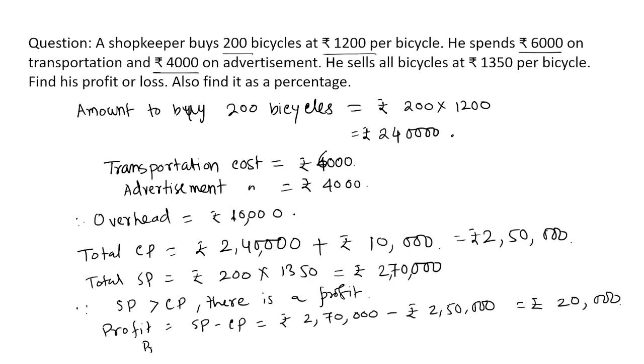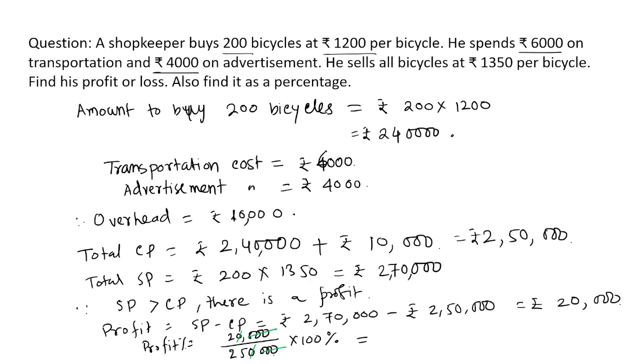So profit percent equals 20,000 divided by 2,50,000 into 100%. Now to calculate, let me cancel these 4 zeros.